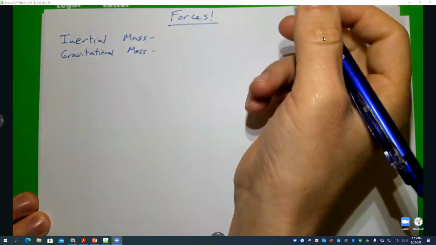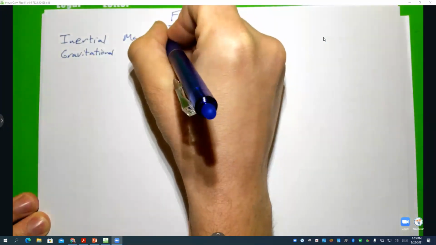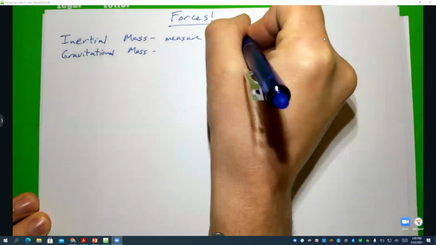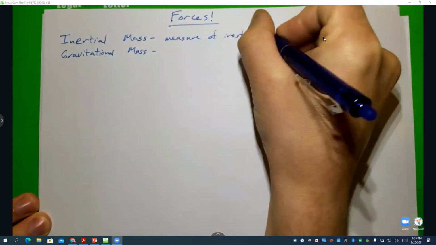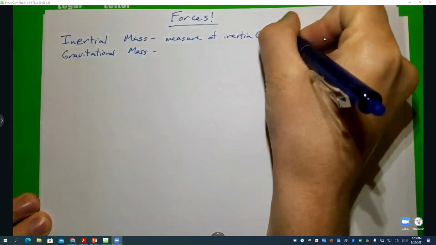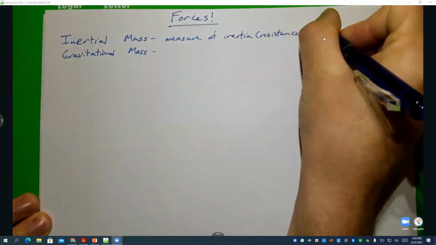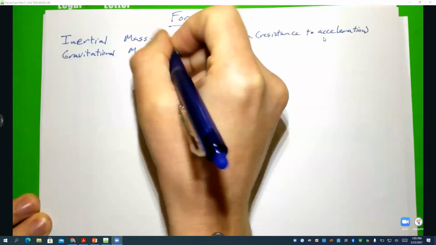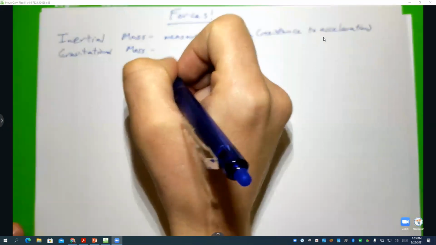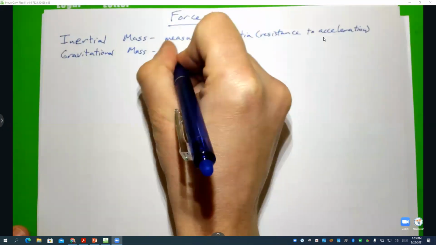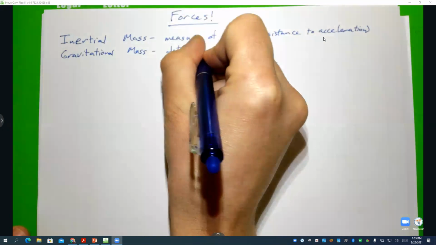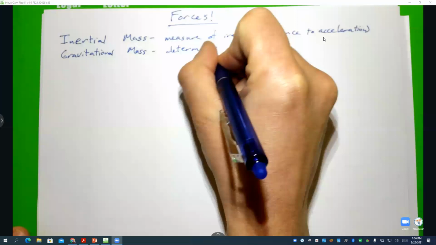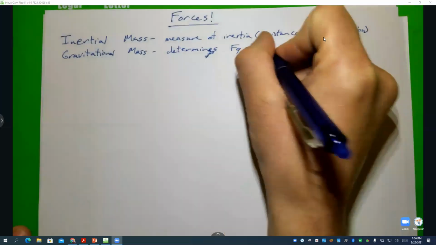Inertial mass is just a measure of inertia, which is resistance to acceleration, whereas a gravitational mass determines the force of gravity, determines Fg, or weight.